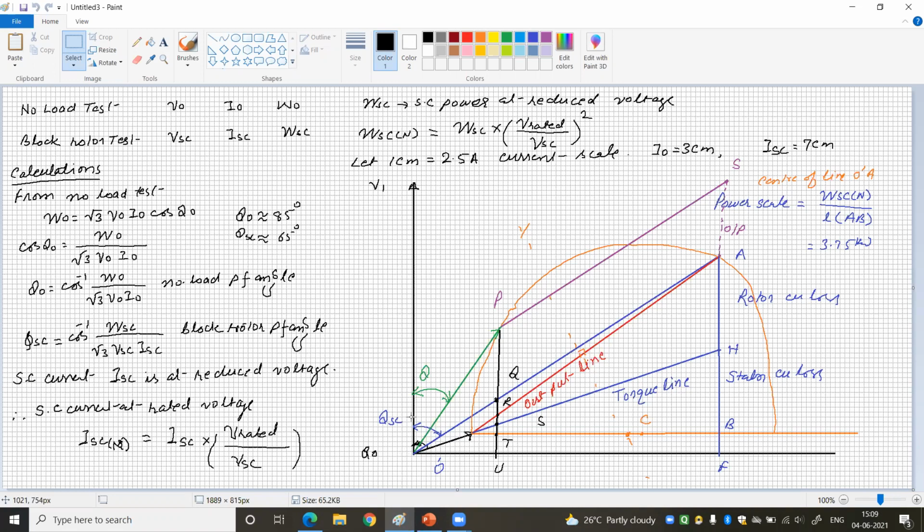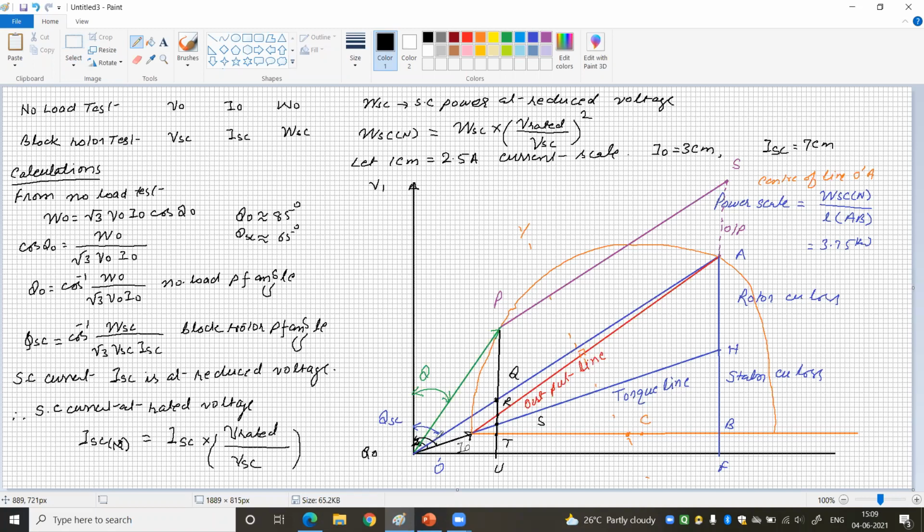So this is the voltage V1, and first we draw the no load current I0, plotted at an angle theta 0.